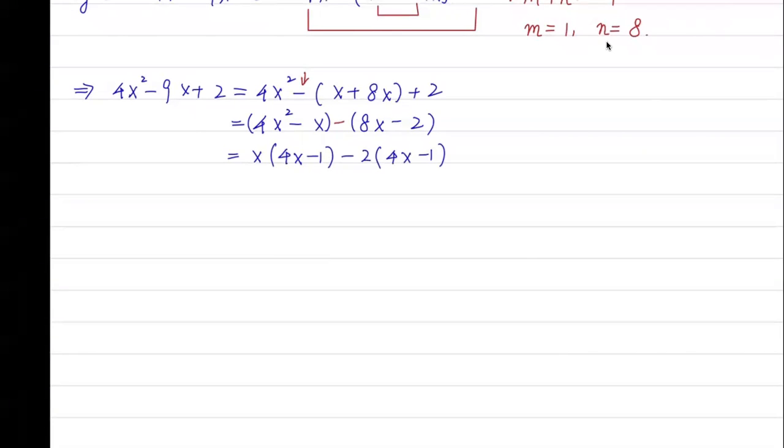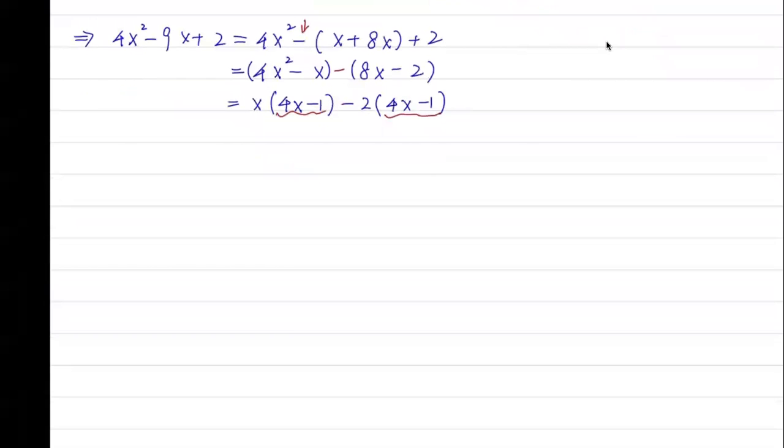And now we have another binomial common factor in this expression. What we need to do is to take out this common factor again. So we take out 4x minus 1, and we have x minus 2 left. So this is our final answer.